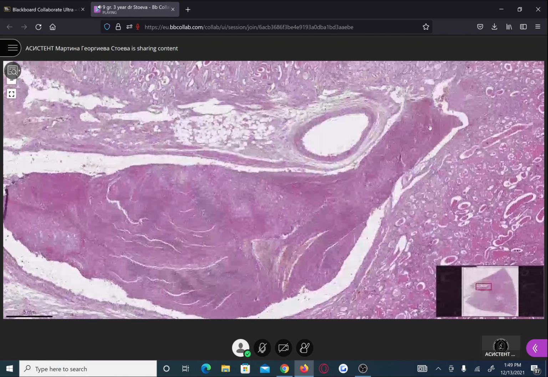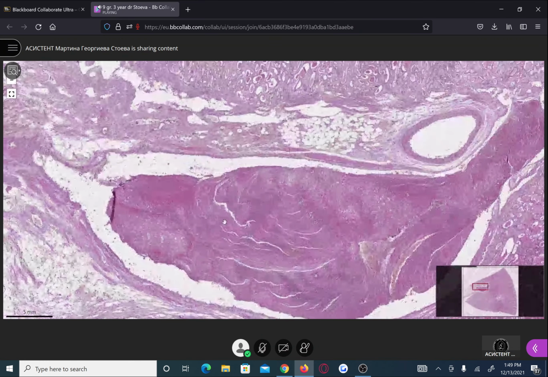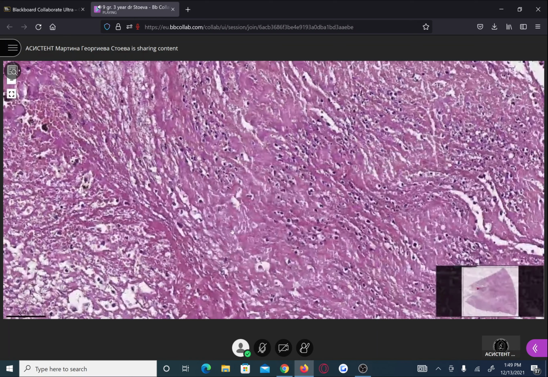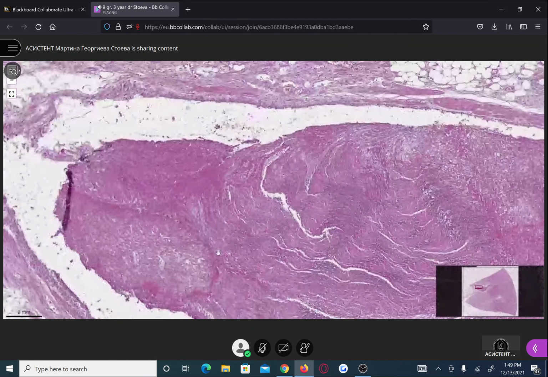It depends on whether it's attached to the wall or not. But it is composed of a meshwork of fibrin strands intermixed with red and white blood cells. As we saw in the morning, this is the quite characteristic morphology of a thrombus. Or, again, I repeat, it could be a thromboembolus.